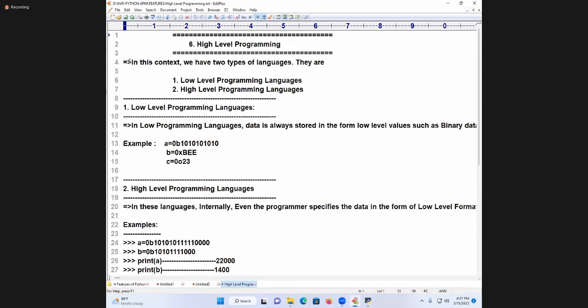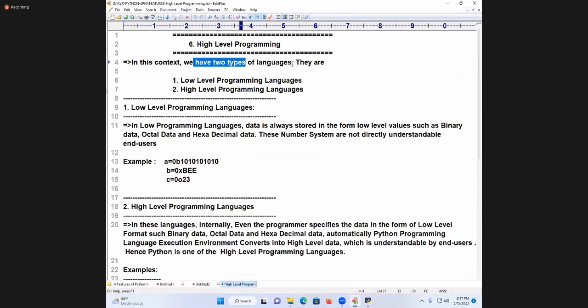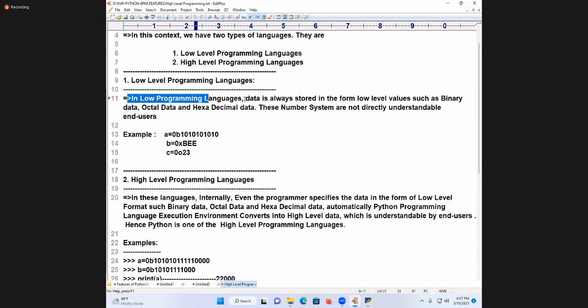Automatically you can understand. In this context, we have two types of languages: number one, low level programming languages, and number two, high level programming languages. Low level programming languages, read out. In low level programming languages, data is always stored in the form of low level values, such as binary, octal and hexadecimal data.